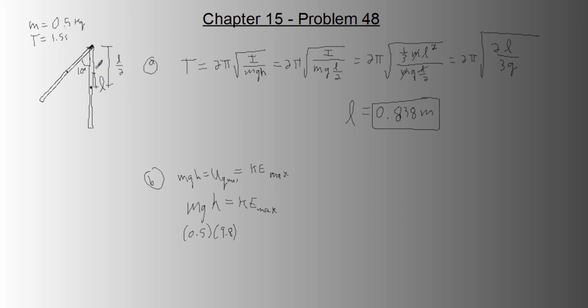We just gotta find h, which is this little distance, the distance that the center of mass drops. So from here to here. So we got, this is L over 2.